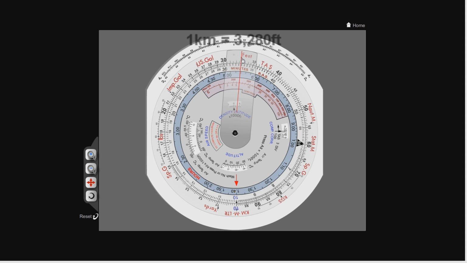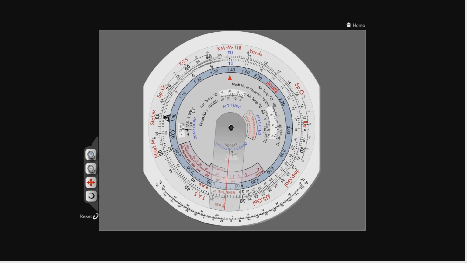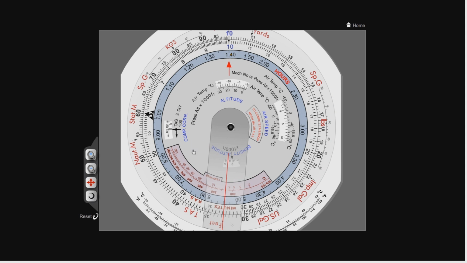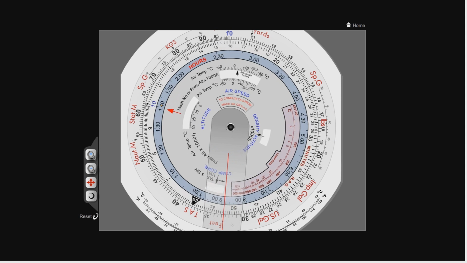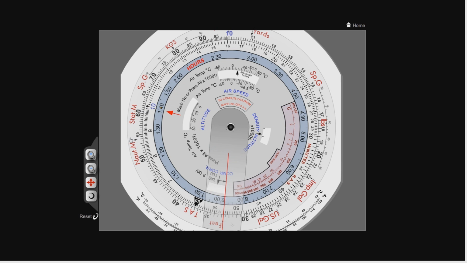What about feet in a statute mile? How many feet are there in a statute mile? Well, in order to do this, unfortunately I can't spin the CRP-5 round 90 degrees, which is a shame, but what I can do is spin the 1 round to statute miles. Now on this virtual CRP-5, there should be an arrow like there is there. It's missing on this for some reason, but I know it should be here.